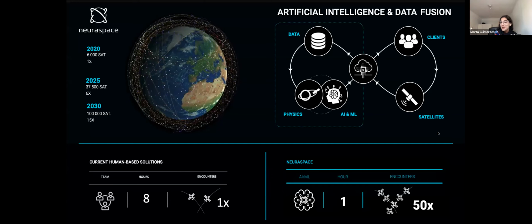And furthermore, the physics inherent to this problem is not linear, and it highly depends on many factors, for example, drag forces or space weather, which makes it even more difficult to accurately predict the orbits of all these objects. And this is where Neurospace arises to solve this problem of space debris.